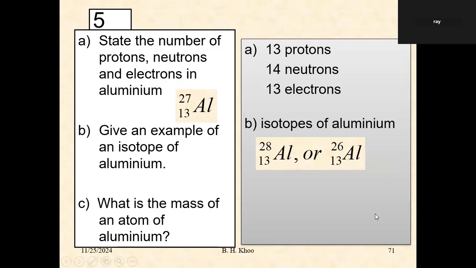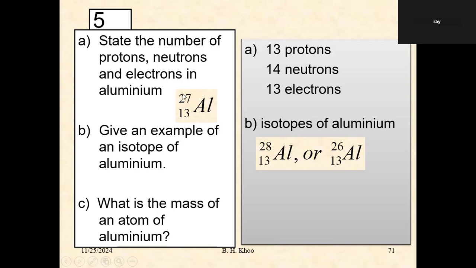What's the mass of an atom of aluminium? How do you calculate that? Use atomic mass units.